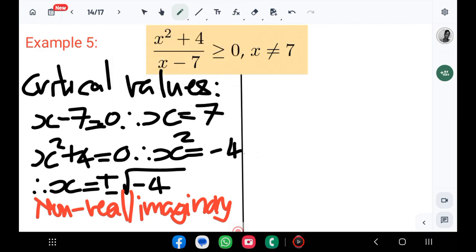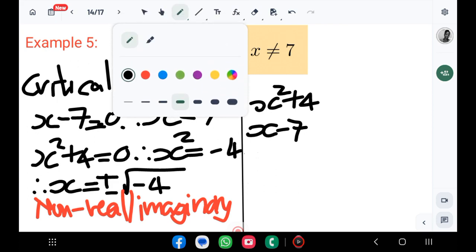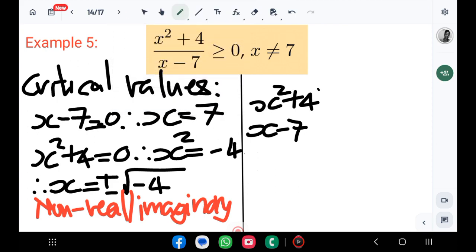So now we draw the table. We go x squared plus 4. We include that as well because it's part of the inequality. Then we've got x minus 7. The only one that affects anything is the x minus 7.